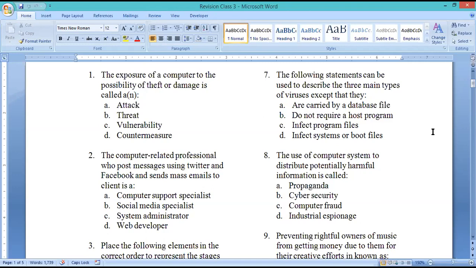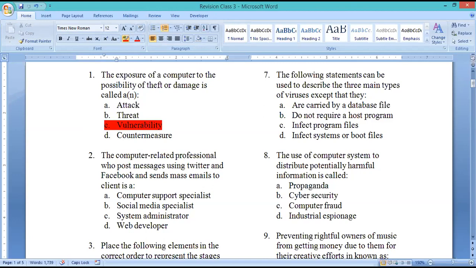Yes, Miss, that's what I said. C. Okay. So why couldn't it be attack? Why couldn't it be threat? Why couldn't it be countermeasure? The reason why I said vulnerability is because it says exposure. Yes, so you're being exposed to different things. Okay, so you're using context clues.